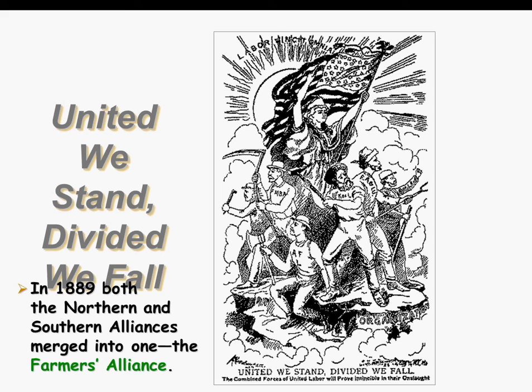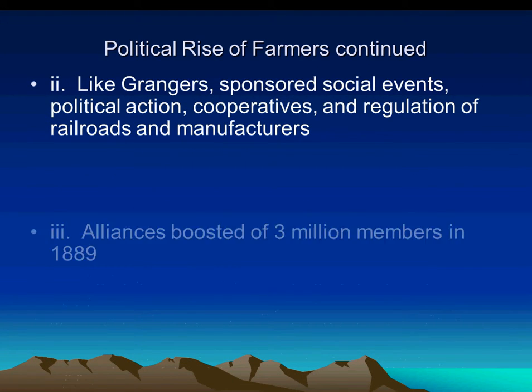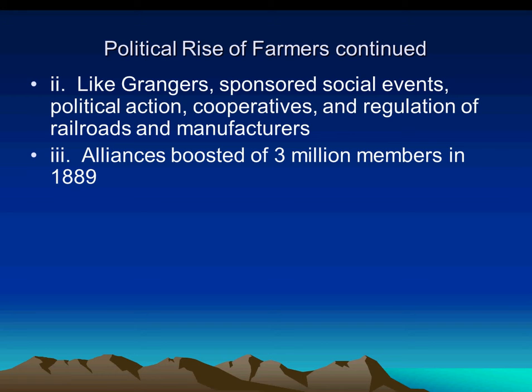In 1889, both the Northern and the Southern Alliance merged into one, and they called it the Farmers Alliance. Like the Grangers, they did sponsor social events and cooperatives, and they certainly were looking for political relief from railroads and manufacturers. Towards the height of this organization in 1889, there were 3 million people involved, primarily farmers.